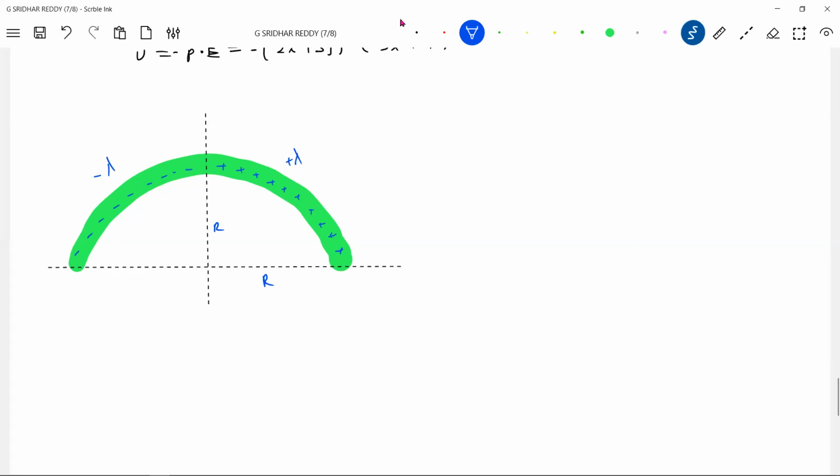Earlier it was a point charge, no? Now we'll extend it for certain bodies. Find the dipole moment of the charged system.